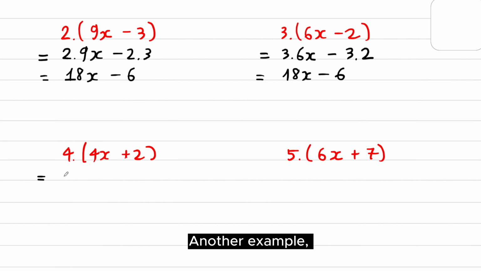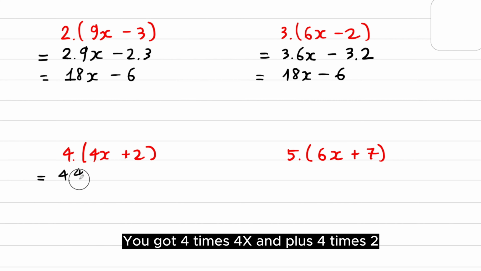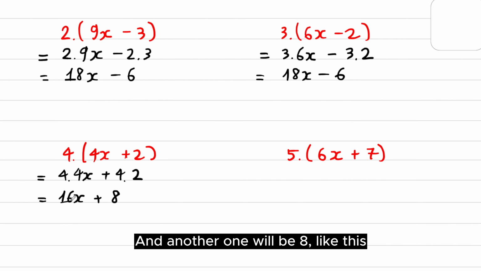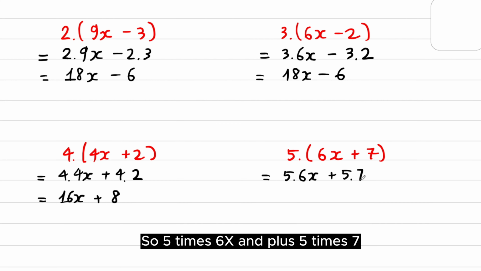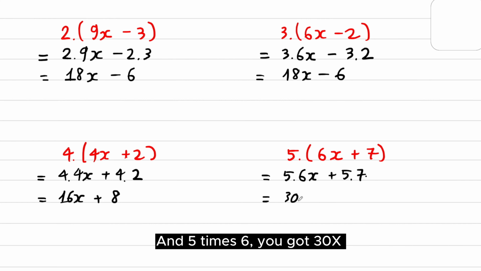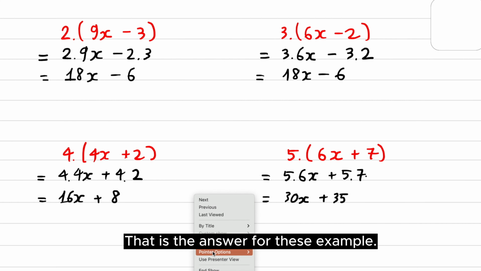Another example, you got 4 times 4x and plus 4 times 2. So this one will be 16x and another one will be 8. Then 5 times 6x and plus 5 times 7. 5 times 6 you get 30x and 5 times 7 you get 35. Okay, those are the answers for these 4 examples.